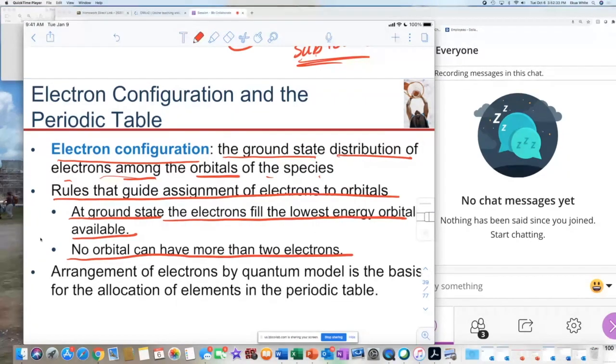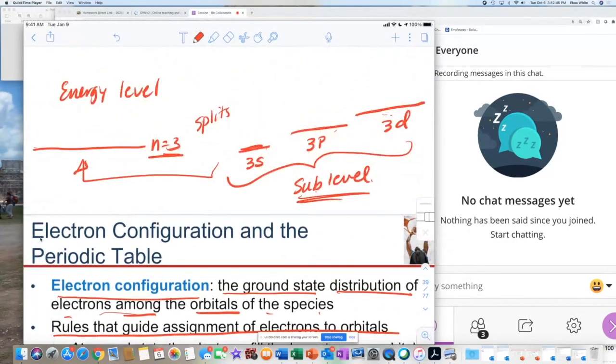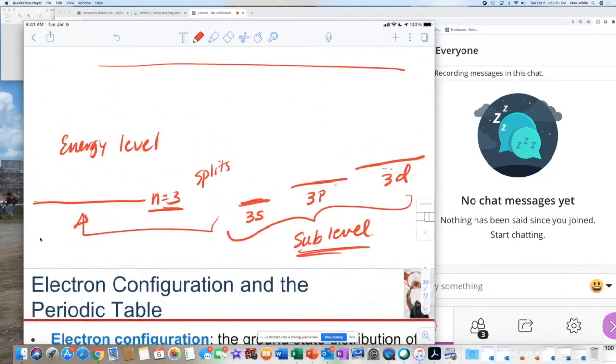So here's the thing. We're kind of getting the shotgun version of what's going on. Okay? There are rules in how you will assign electrons in the different sublevels. Okay? And we're being told here, I started with the sublevel at energy level 3. There's another sublevel at energy level 2 that usually just has 2 sublevels. That will be 2s and 2p.